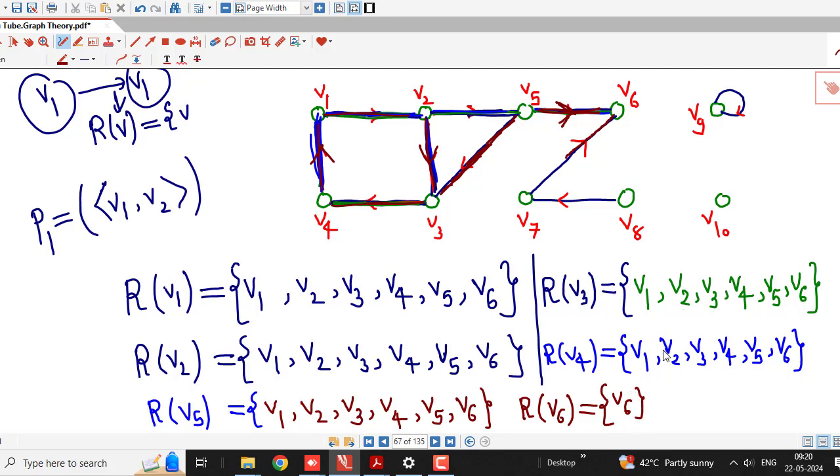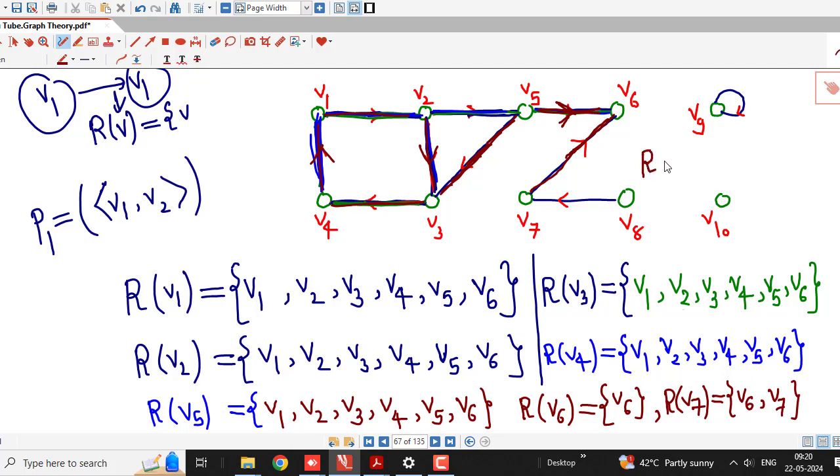Therefore, the reachable set of v6 has only one node, v6 itself. Similarly, we check for v7. For v7, we can see there is an edge from v7 to v6. That means v6 is reachable from v7, but no other vertex is reachable from v7. So this set has two vertices, v6 and v7.